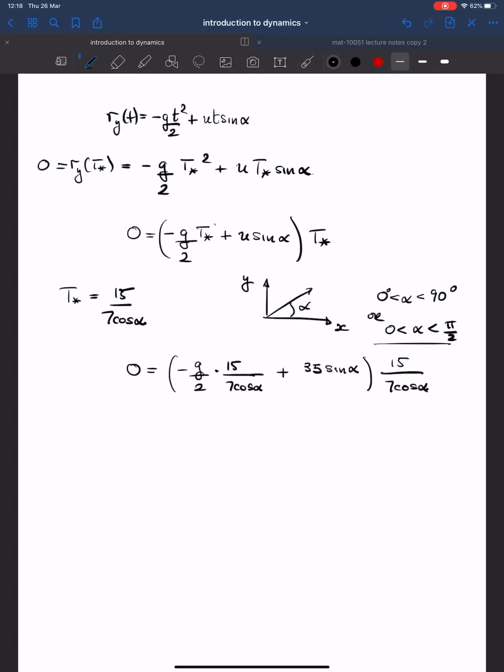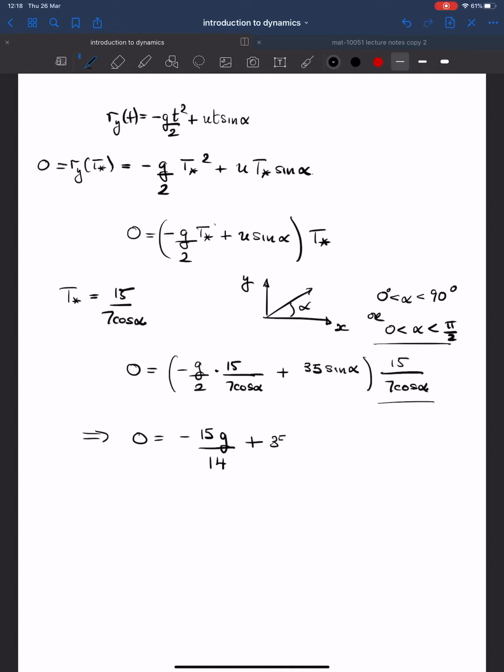Now if I ignore this because it's effectively non-zero, I can divide through by this, and this implies that we have the following equation. And what else I'll do is multiply by cos alpha. So I have 15g over 14, if I don't mess up the arithmetic.